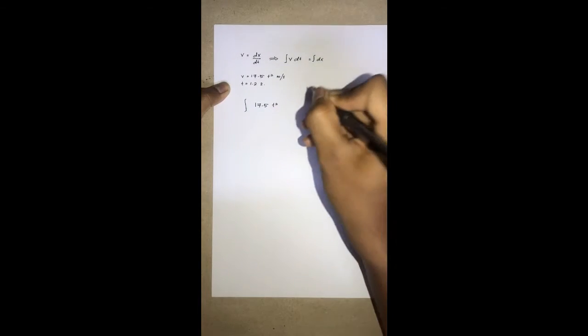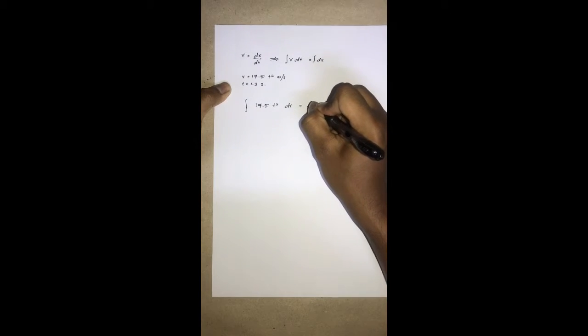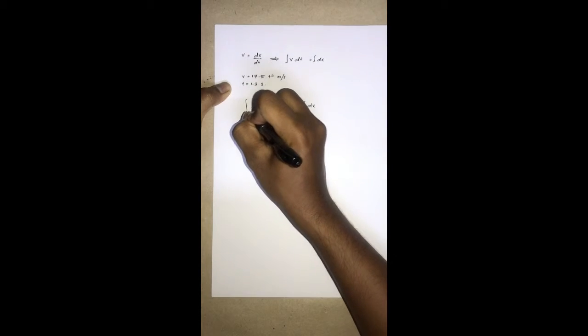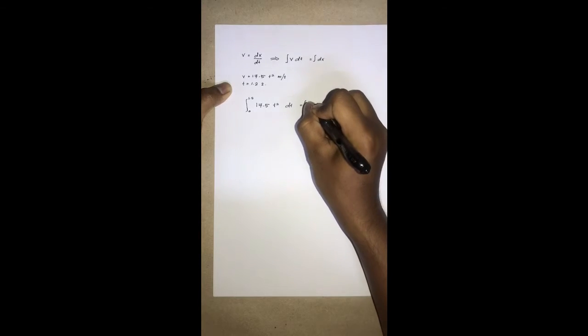Just substitute into the equation, integrating v dt with limits 0 to 1.2 and dx from 0 to x.